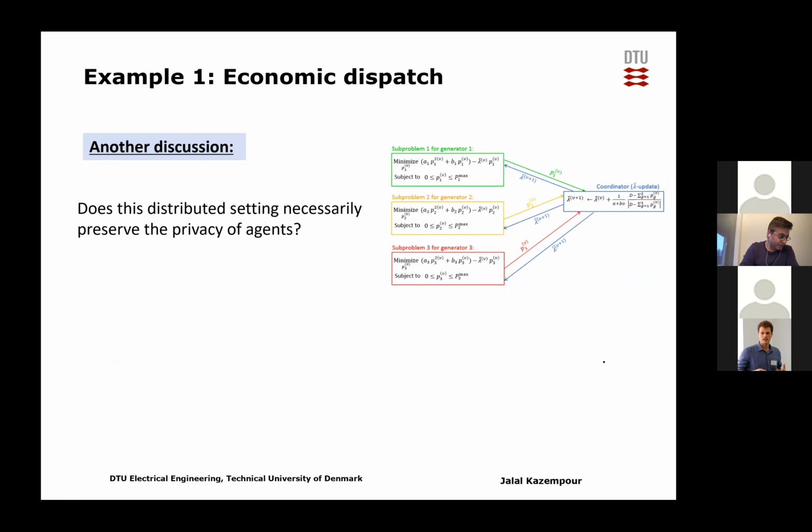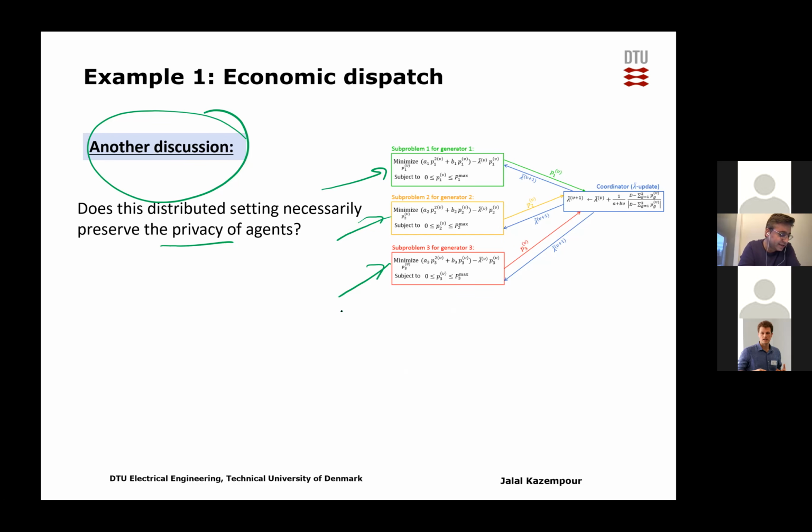Let me continue. Another discussion about Walrasian auction coming from Lagrangian relaxation is about privacy. There is a common belief that distributed algorithms, here applied to market clearing but it could be any problem, such as OPF, preserve the individual privacies. What does it mean? Here, each generator solves their own problem and responds to, for example, the market price.